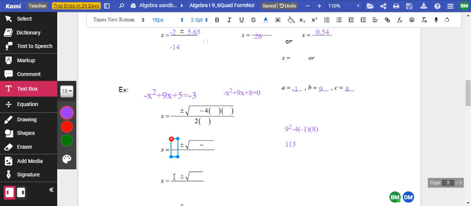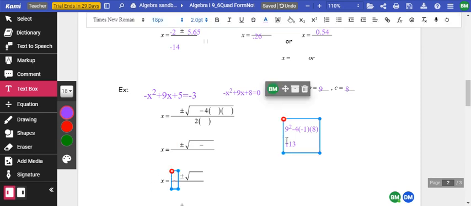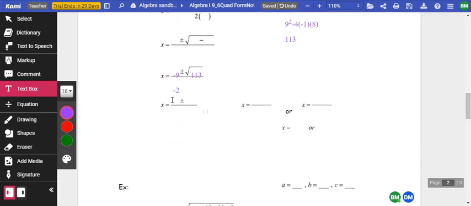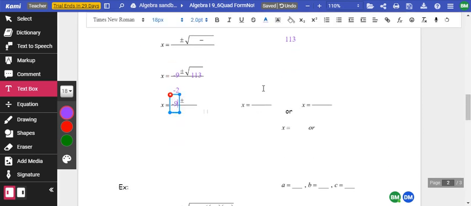So I'm going to skip all the way down to this step. I'm going to say negative 9 plus or minus the square root of 113, all over 2 times A, which is negative 2. The square root of 113 is 10.6. So we've got negative 9 plus or minus 10.6, all over negative 2.